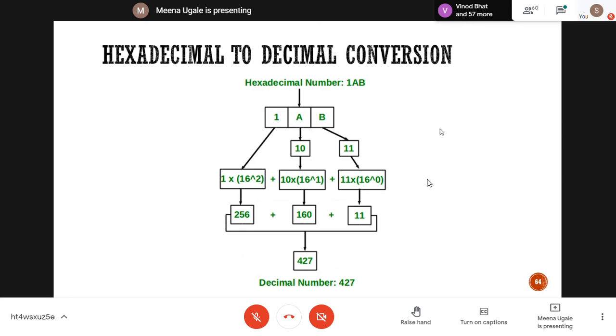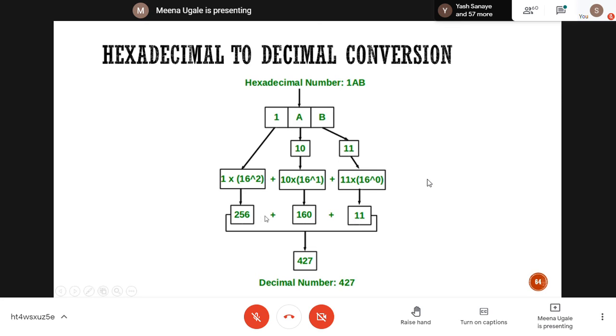See another example. I'm writing hexadecimal number 1AB. So for 1AB, first find out what is A and B. For A, we have number 10. For B, we have number 11. And then multiply it with 16 raised to 0, 16 raised to 1, 16 raised to 2.